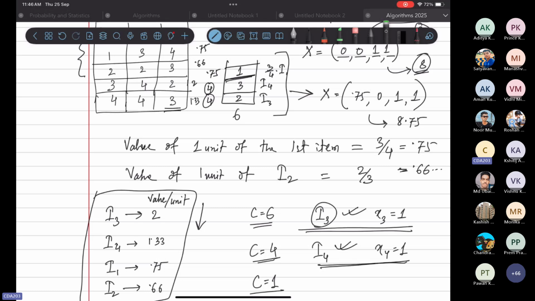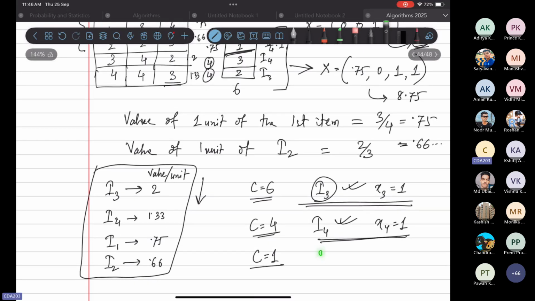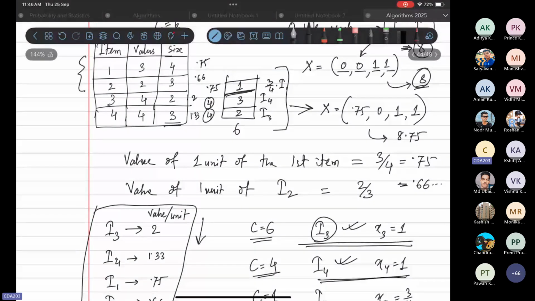And what fraction? Whatever it allows us. So in this case, I'll be choosing item 1, but not in full. I'll be choosing a 3/4 fraction, whatever fraction I have there.